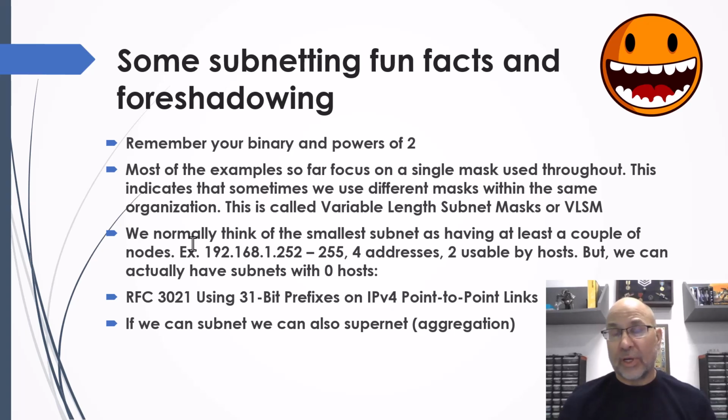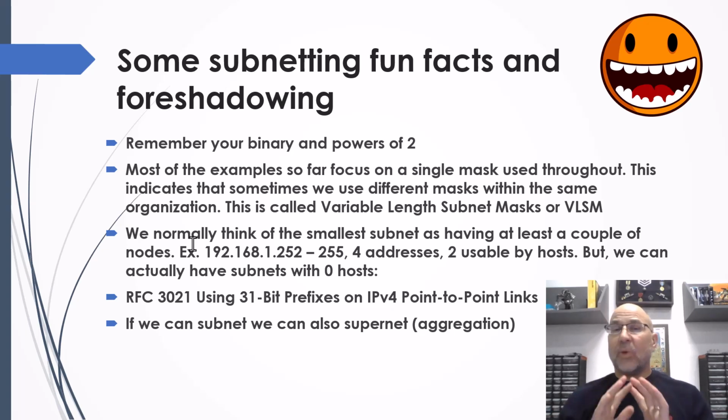So if we started with a class C and we needed more address space, or we wanted to simplify routing tables, we might glue a class C network address space with another class C address space. That doubles the address space size, but it also reduces the number of addresses in a routing table. We'll do that later, but just a little foreshadowing.